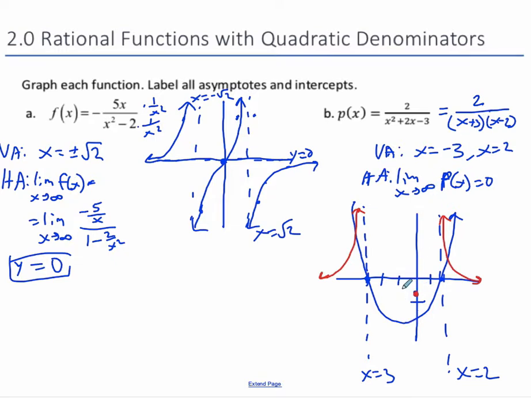Your vertex is going to be flipped to right here, and you're going to have this kind of shape. Okay, so we can label this as 0, negative 2/3. And there's no other intercepts. And I guess that's it. Oh, you can also say y equals 0 is the horizontal asymptote.